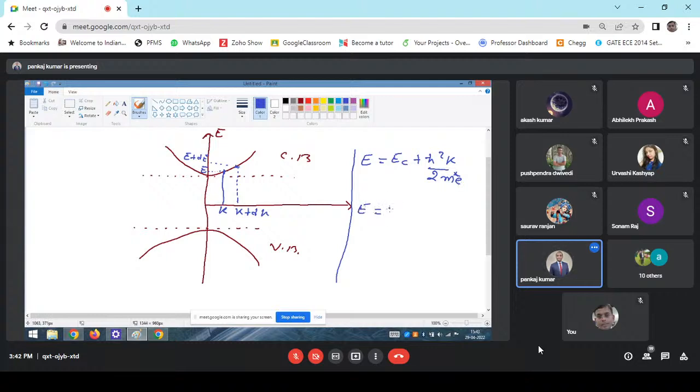And for the valence band, this can be written as E equal to Ev minus h squared k squared upon twice of mv, where mv is the mass of electron in the valence band. Okay.